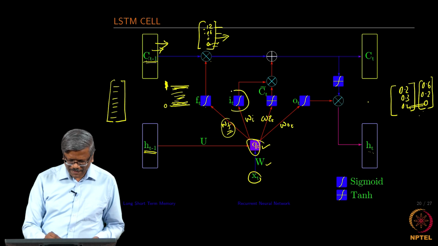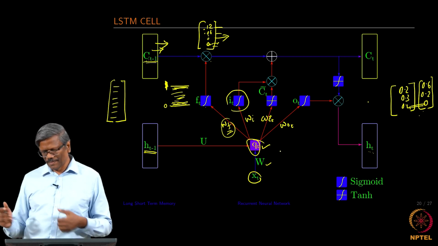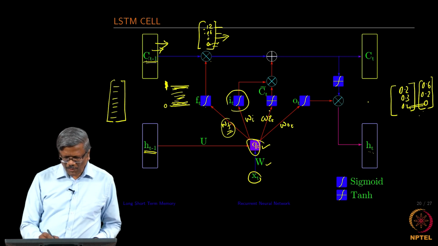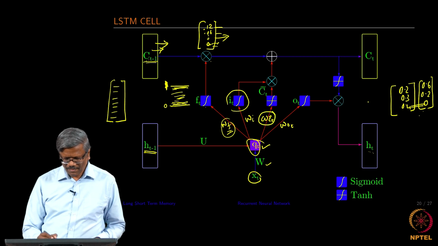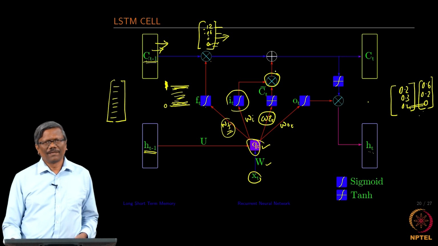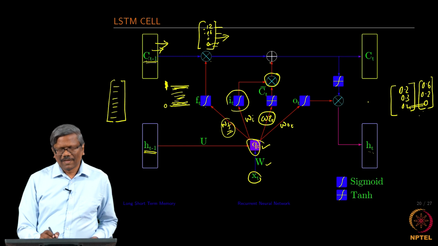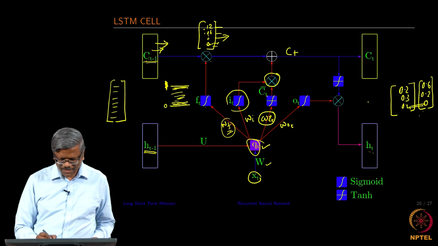So, what we do is we want to take the input value like we have done in the previous HT calculation, and then we want to compute the new memory using these, right. And then they both are again multiplied element wise, and then it is added element wise to get CT. Okay, so, that is the new memory that we are adding.